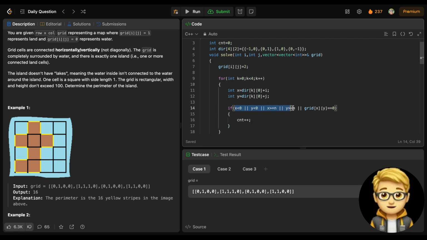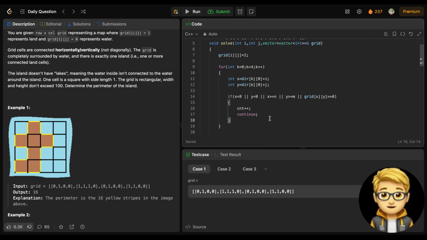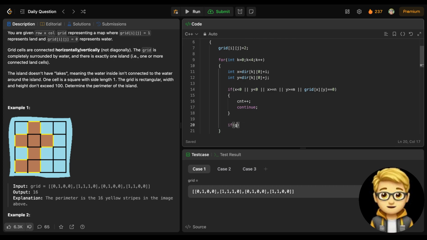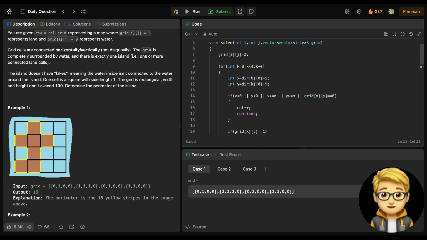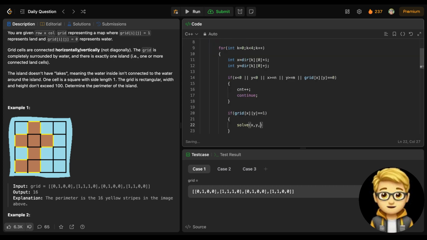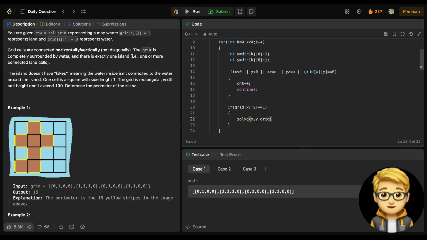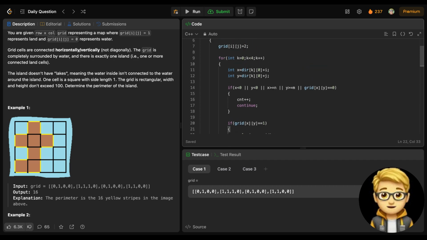And if the boundary condition is not hit and grid x y is 0, we will also not move in that direction. But if grid x y is land, I will call this solve function again with the new coordinates x, y.